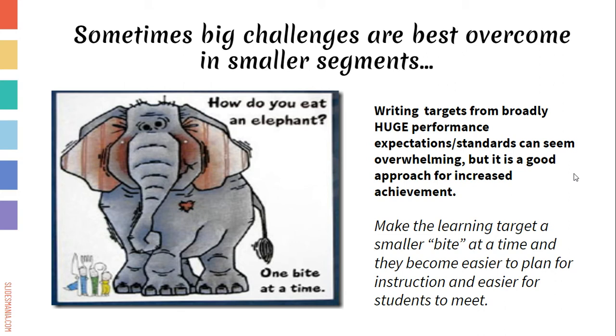But it's really a good approach if you want to increase achievement and see results rather quickly, because making the target a smaller bite at a time and then combining each of those small bites into one big piece makes it easier for you to plan them in small amounts. It's easier for students to meet them in small amounts. And then again, when you combine them together, they've met the big overall expectation on the standard.